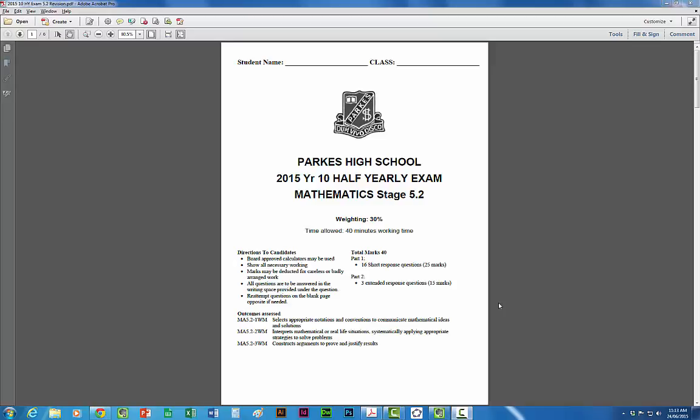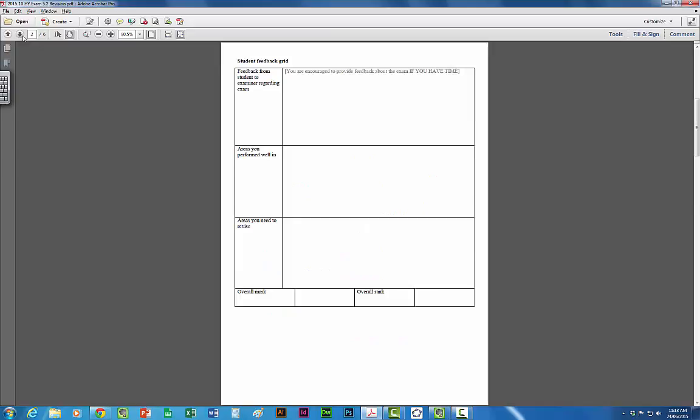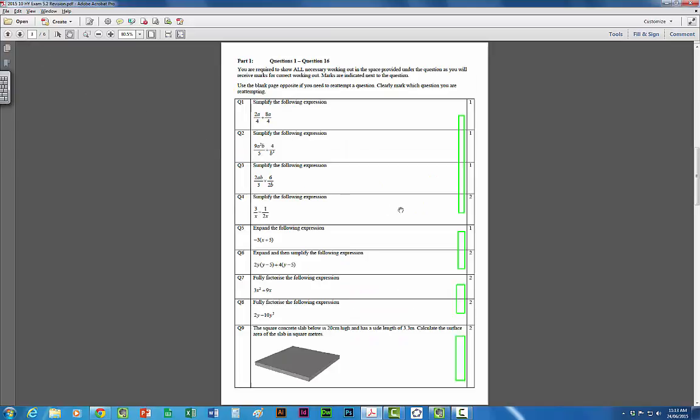One more thing to mention, I've set you all up on Khan Academy, and I did email you this document. So it just looks like the exam, but if you scroll down to here, you can see these green boxes. I emailed you this document and everyone received it.